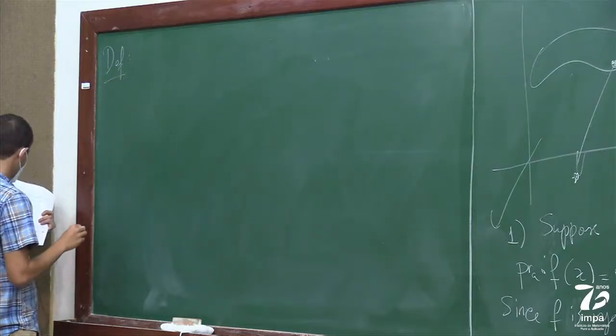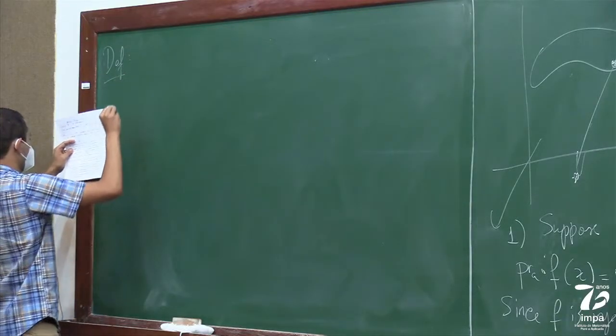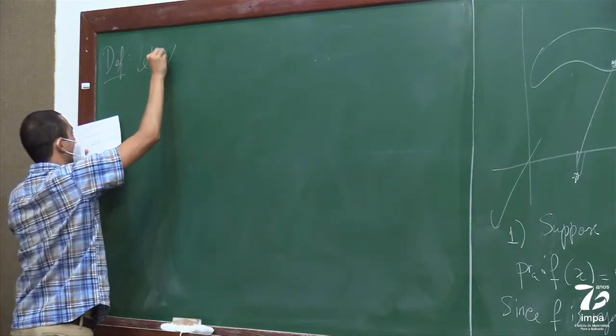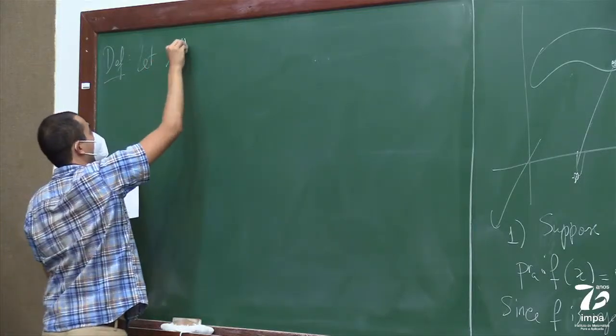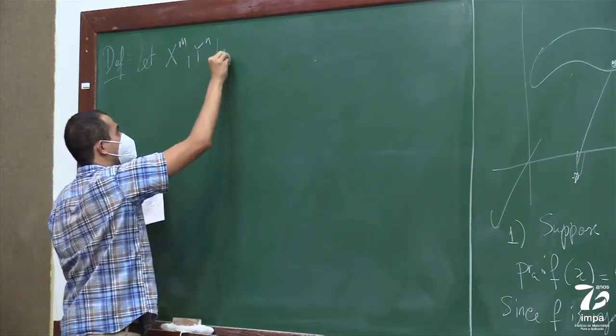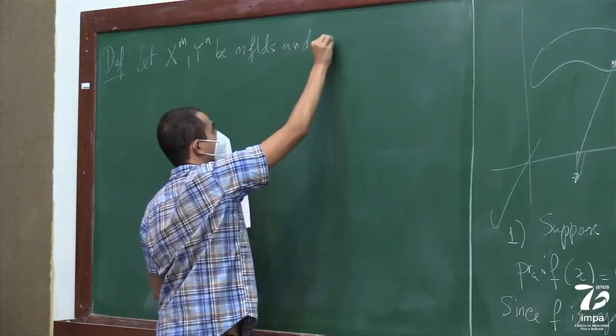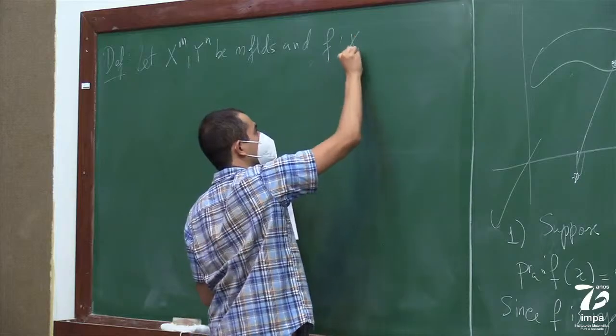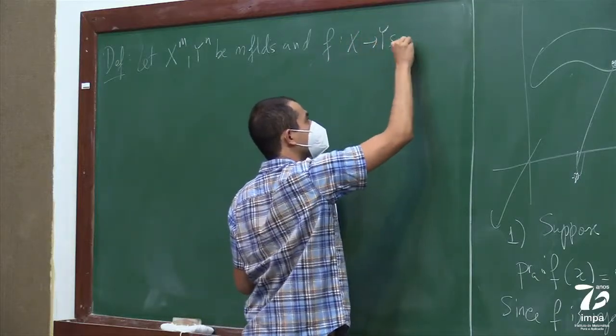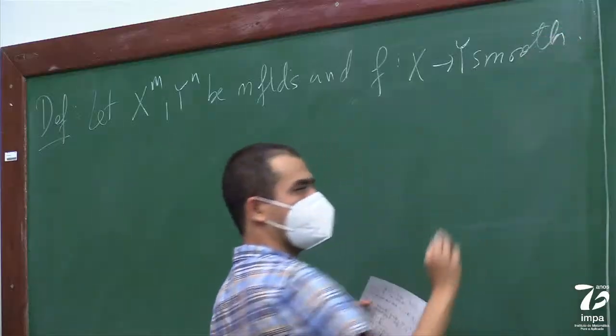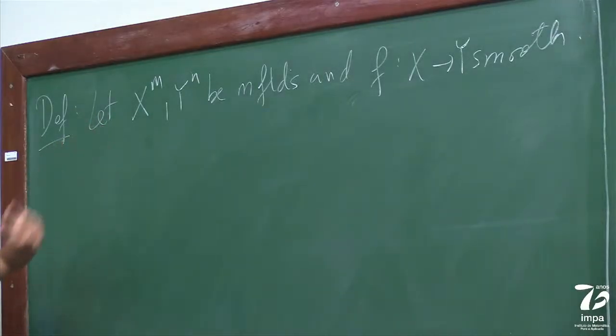Definition: let X^n and Y^m be manifolds, and consider a map f which is smooth. And now I don't make any assumptions on m and n. Okay?